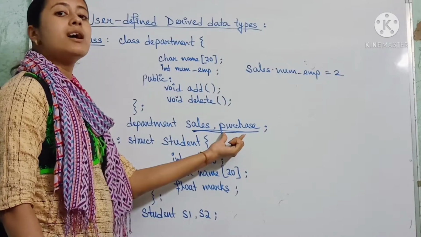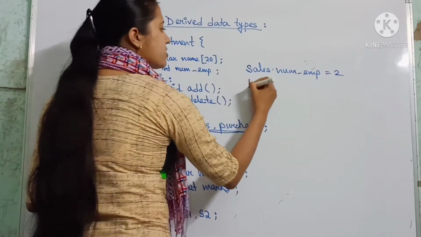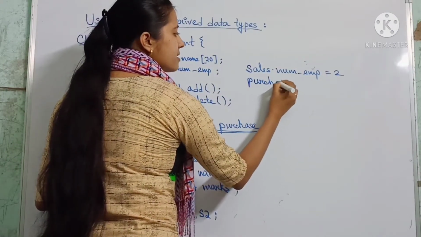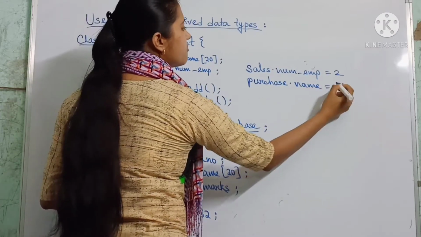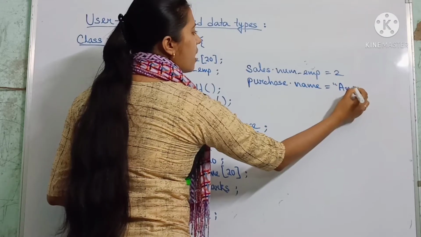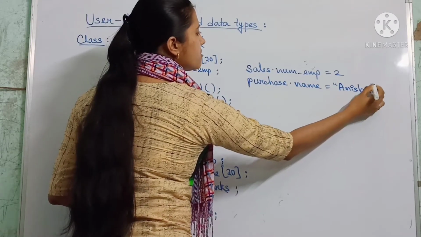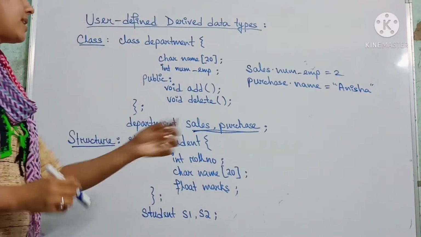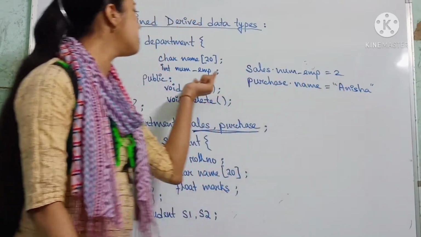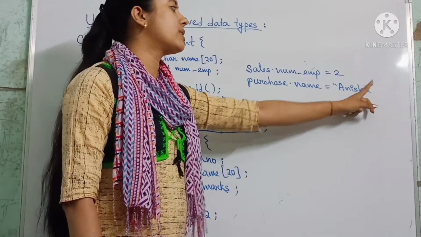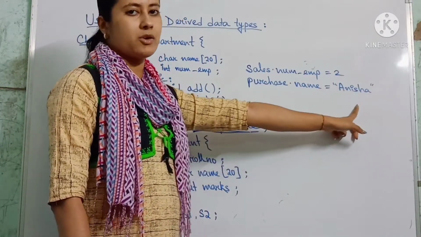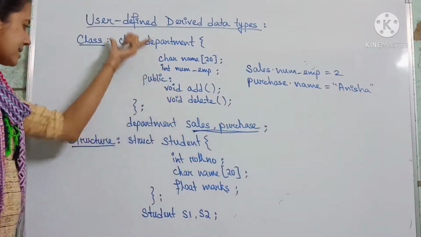So that's the use of an object. Suppose for purchase I want to assign the name. So purchase dot name will be "Anisha", suppose. This way we have to assign. Always remember, since the data type is character, we have to give the name inside double quotation marks. So this is about the class.